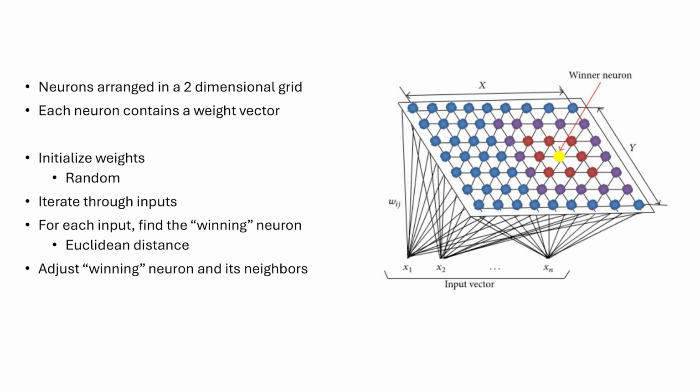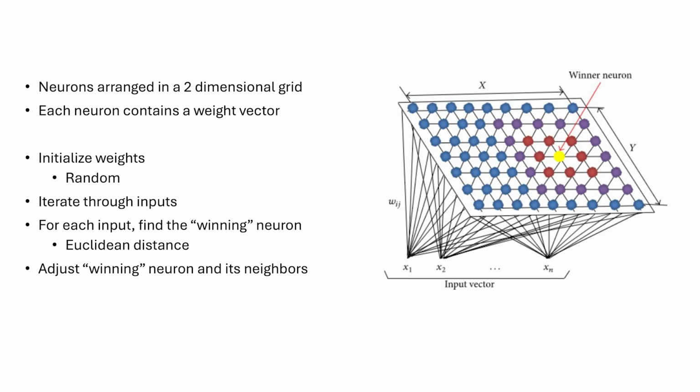The algorithm assumes that you have a two-dimensional grid and that each point of the grid is a neuron, and the neuron is defined by a weight vector, so a vector of weights. And you initialize those weights randomly.